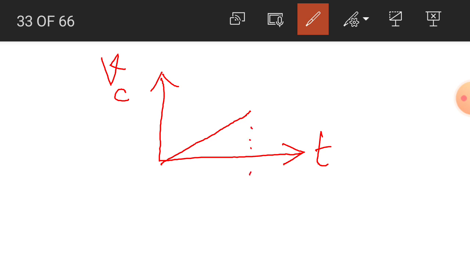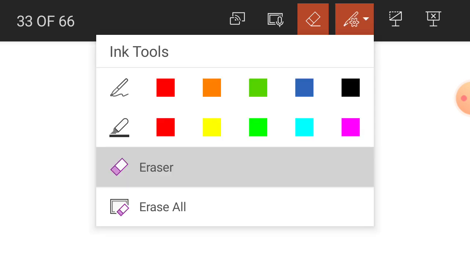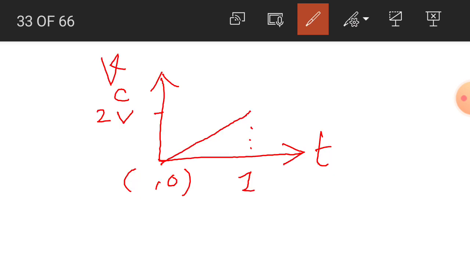You see the time is 1 over here and the voltage is 2 volt over here. So if I consider this end of the straight line, I have 0, 0 over here. And if we consider this end of the line, we have 1, 2 over here.